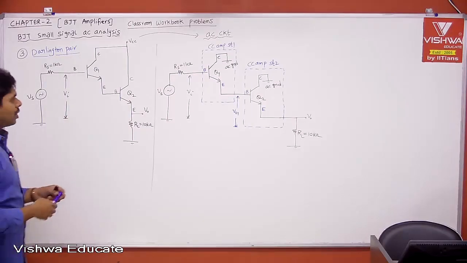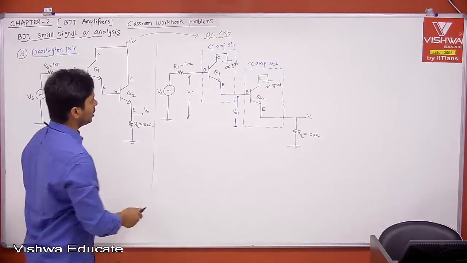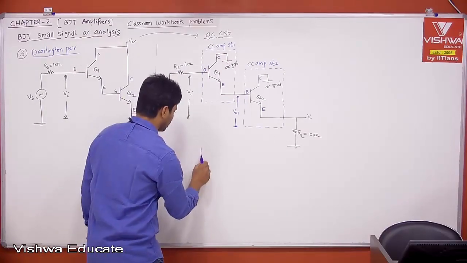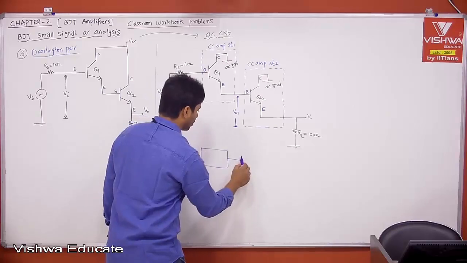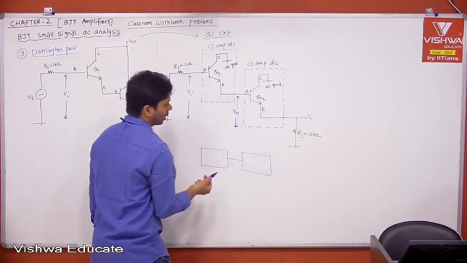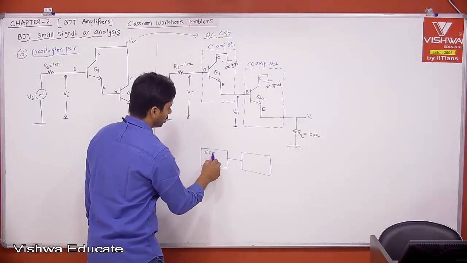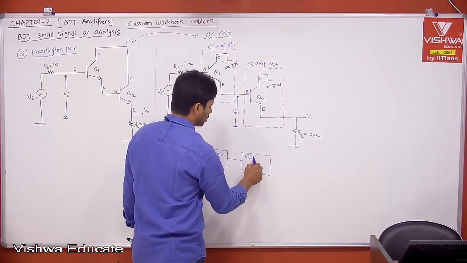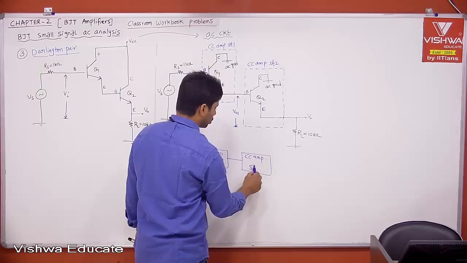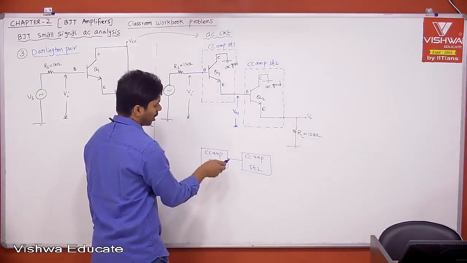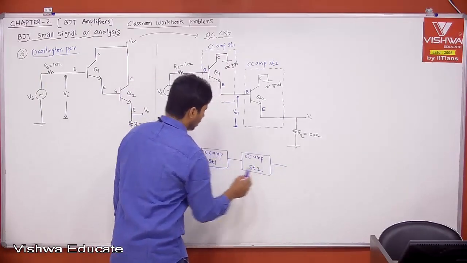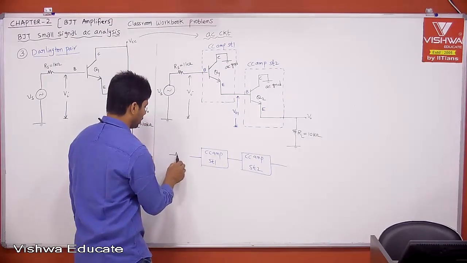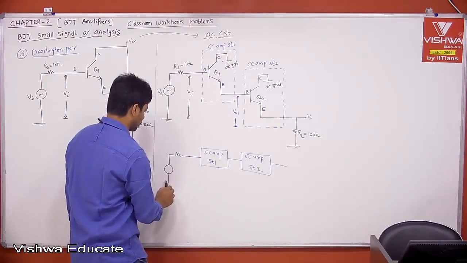Okay. Therefore, if you ask me with respect to block diagram, this is stage 1 and the output is connected to stage 2. This is with respect to block diagram. Therefore, this is CC amplifier stage 1, and this is CC amplifier stage 2. Output of CC amplifier 1 is input to the next stage, and now we are connecting source Vs and then Rs.